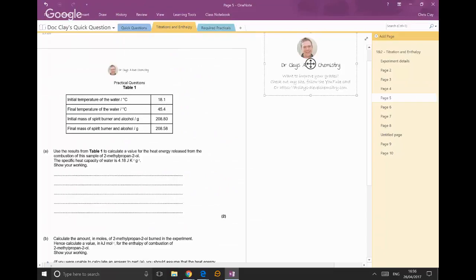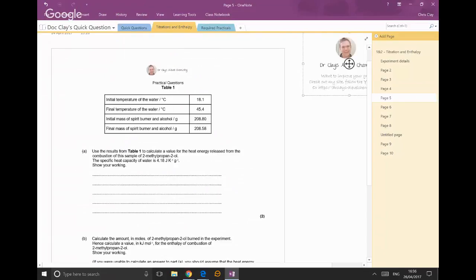So here we go, here's some results from the experiment. This is really some knowledge, so this isn't so much a question about experimental technique. What I'll do is simply put the answer up there.